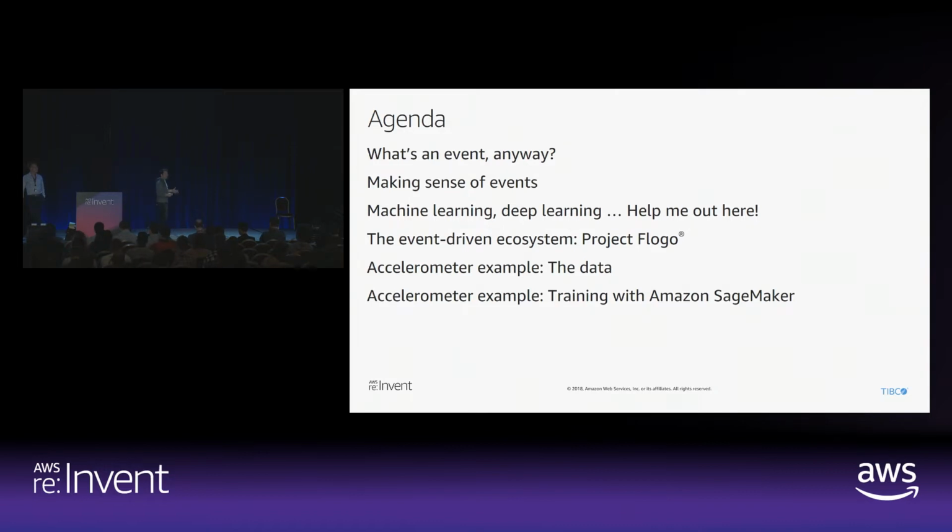We'll talk about how events became the precursor to the big data movement, which then fed into IoT, which fed back into big data, and then talk about some of the ML techniques that you can use. Then we'll jump into talking specifically about open source Project FlowGo, and we've got a demo lined up for you here today as well, so we'll walk through the demo, show you how it was built, and kick around a few boxes.